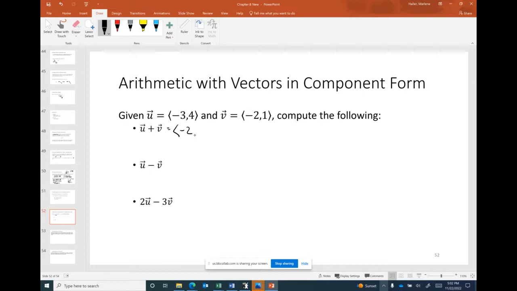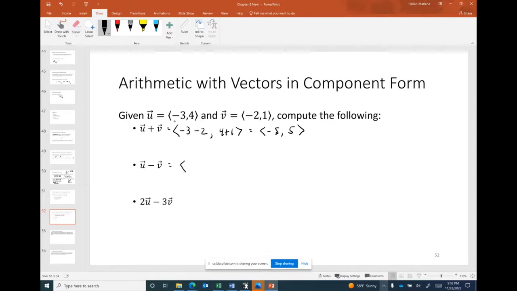So that'd be -3 plus a -2, and then 4 plus 1, or <-5, 5>.